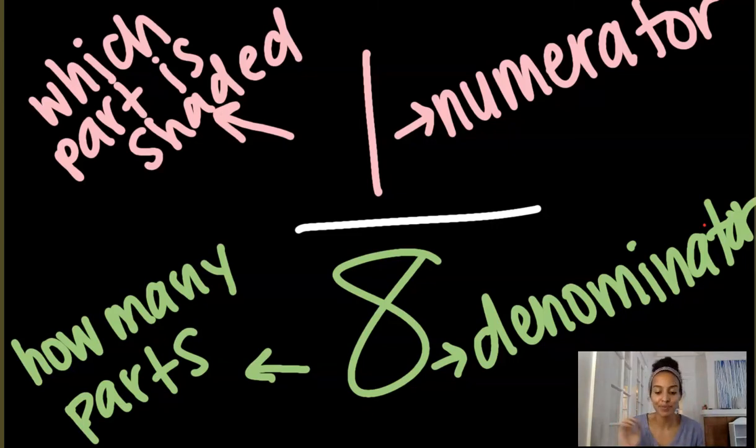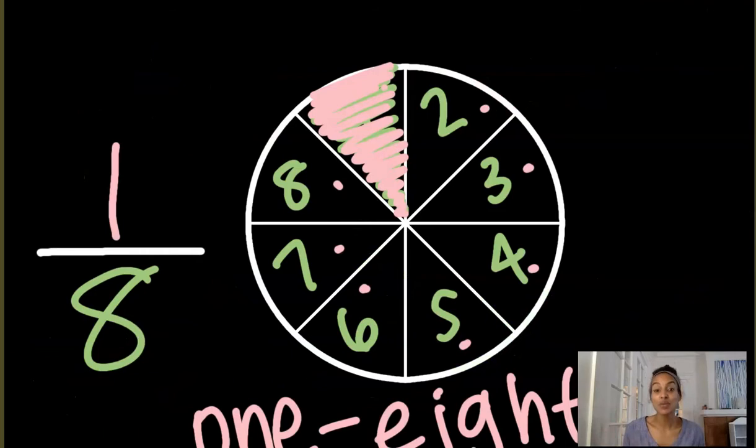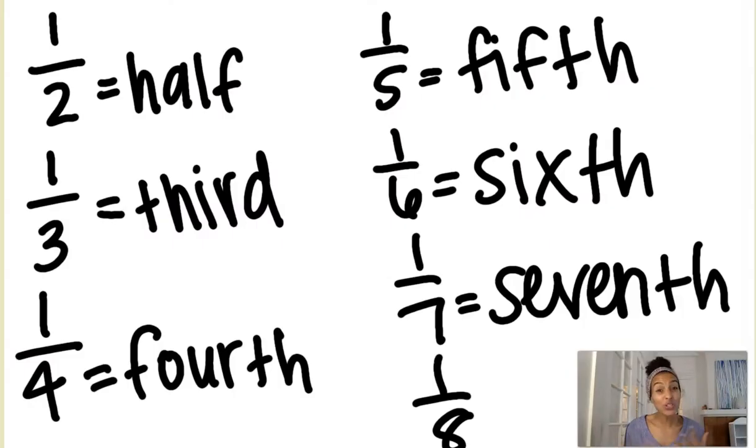For example, we see that we have a circle that has been divided into 8 equal parts. If you look at the pink shaded part, one part of the whole has been shaded. So the fraction of the shaded part of the circle is 1/8 because one part out of 8 parts was shaded in. We also need to remember how to actually read fractions.